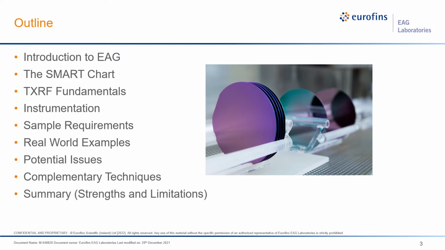I'm going to highlight some real-world examples and show off what we can do with TXRF. I'm also going to cover potential issues we tend to run into with TXRF. It's not a perfect technique, but it's a fairly great technique. Then I'll go over some complementary techniques that can collect similar data to TXRF, and finally end with a summary highlighting the strengths and limitations of TXRF.